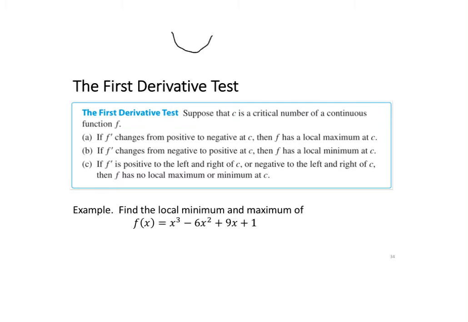Either you have a nice, smooth local minimum, or you have a pointy local minimum. Could be one of these things. These were all local minima. And then you had the local maxima, which looked either like this, or like this, or something like that.